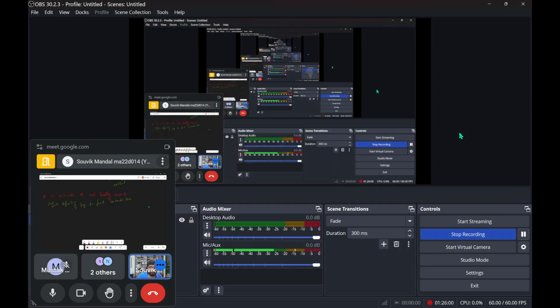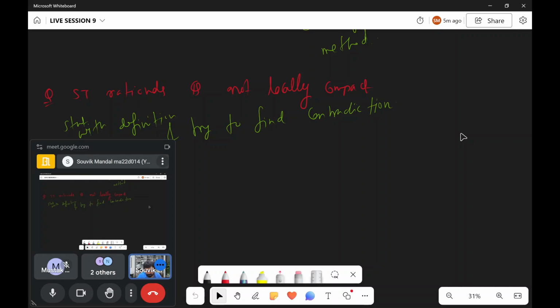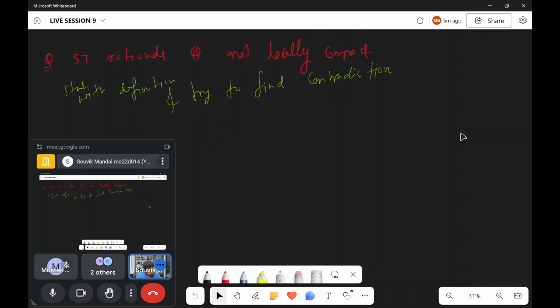So before that, let me check the one. Okay. So let me write the argument. So assume, let's start from the definition of locally compact.